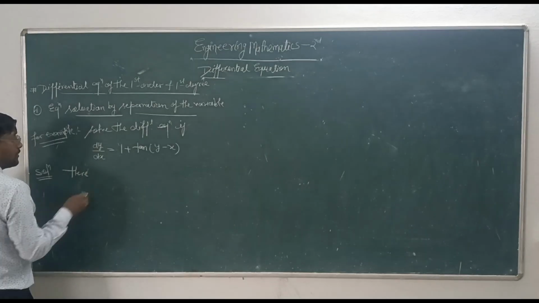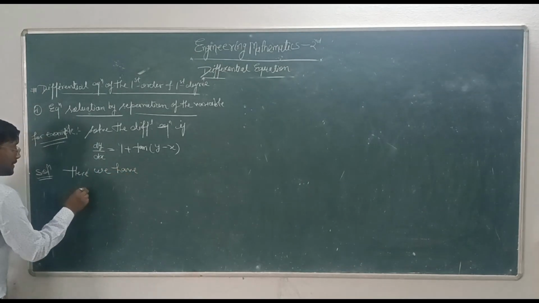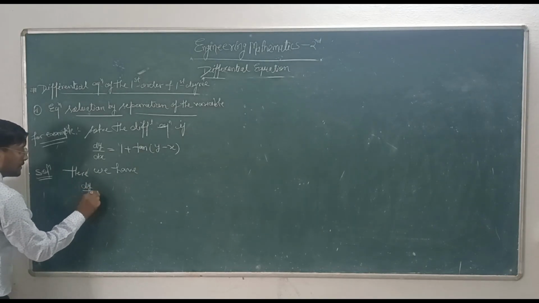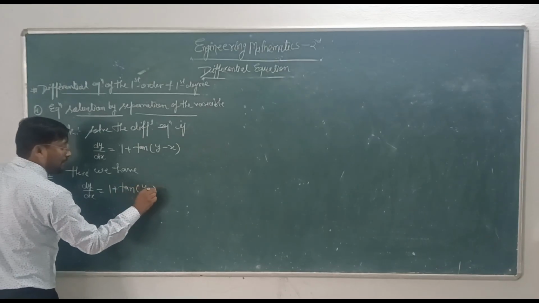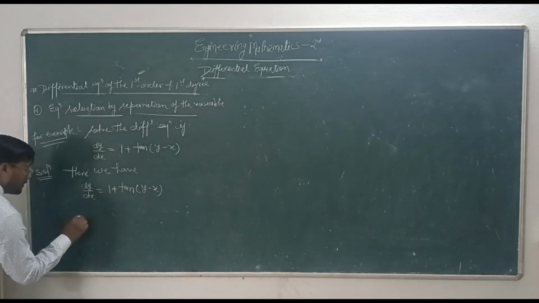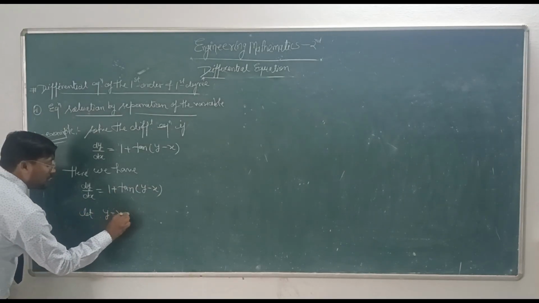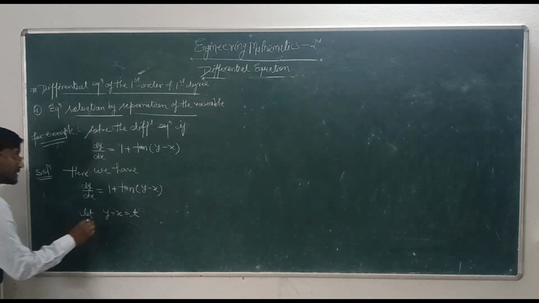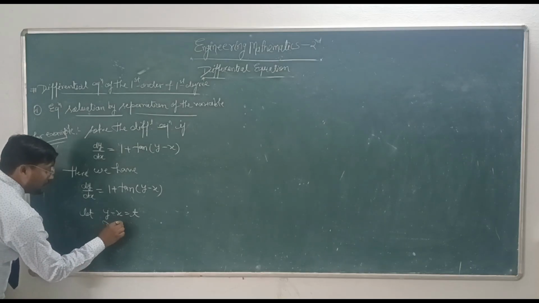Here we have dy by dx is equal to 1 plus tan (y minus x). Now let y minus x be equal to t. Now differentiate with respect to x.